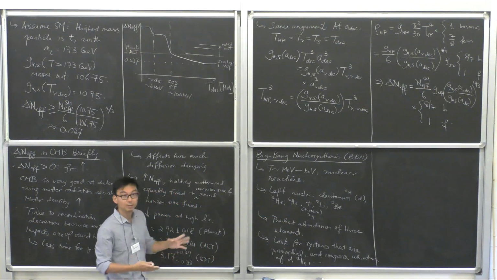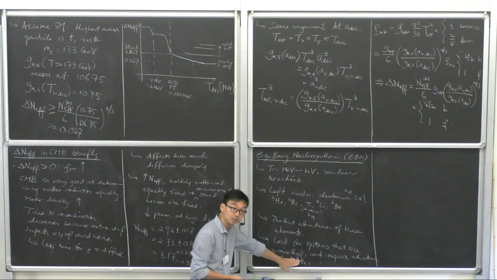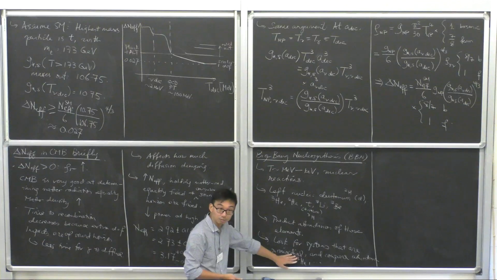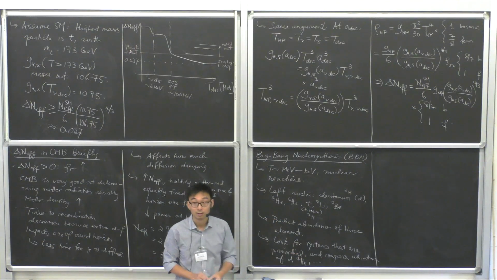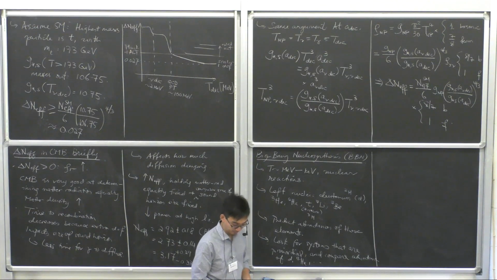Okay, and then they try to measure the abundance of deuterium and helium-4 in these systems, hope that it's primordial, and then compare it with what we compute. Okay, and so that's how this game is played.